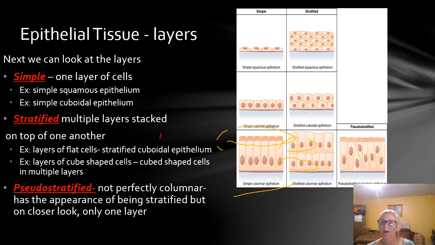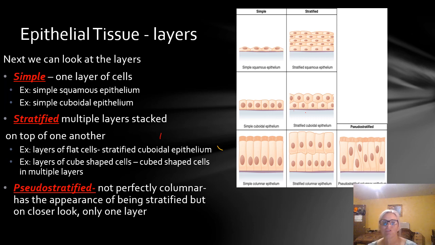So that is stratified because there's multiple layers, and it is columnar, and it is epithelium, all right? Now on the first one, since that does have cilia, we would actually want to put the word ciliated in there, but it is not on this graphic here. So that's kind of a little mistake on this graphic part, but it should say ciliated if it has cilia. That is getting a little ahead, however.